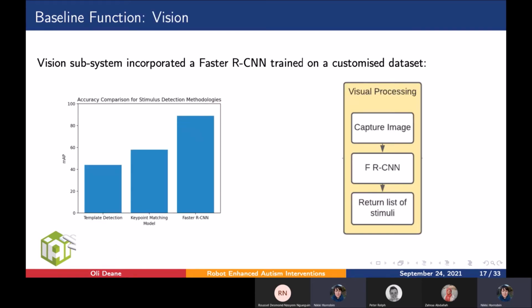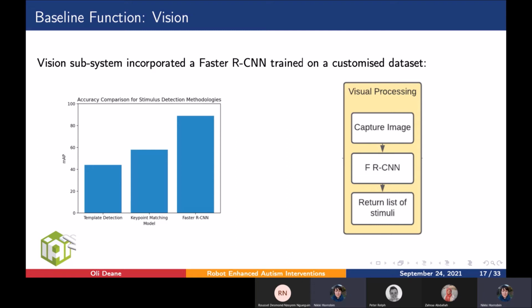So to achieve that, we had some baseline functions that the robot needed to have. First is a vision subsystem, and the robot we're using is a NAO robot. It's a humanoid robot that has its own visual system, but we found that wasn't sufficiently accurate for the task we needed it to perform. So we trained our own Faster R-CNN on a customized data set with the stimuli that will actually be used in the actual sessions.